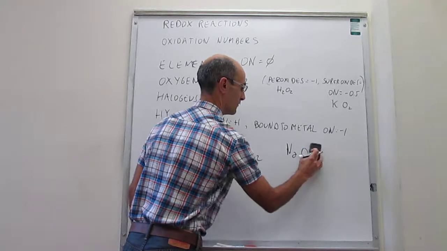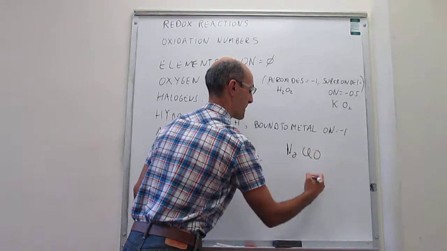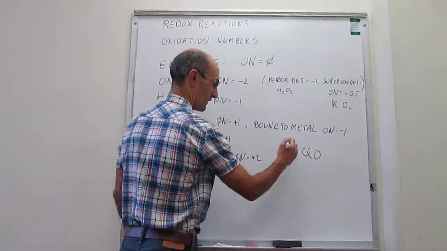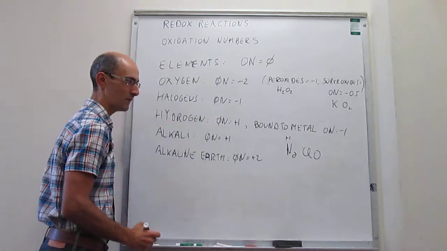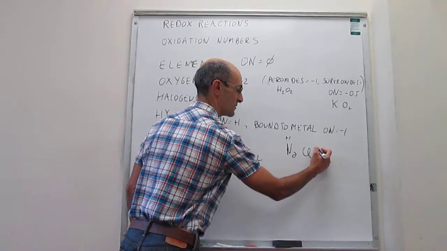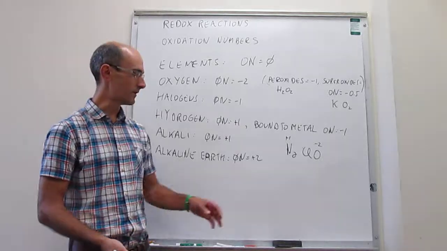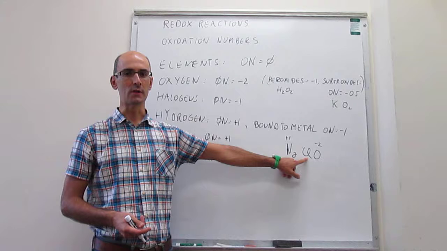By trying to figure out the oxidation numbers of this compound, sodium hypochlorite. We know that the oxidation number of sodium is +1, it is an alkali, and the oxygen oxidation number is equal to -2. Now you have a halogen here, and you may be tempted to attribute a -1 oxidation number to that chlorine.